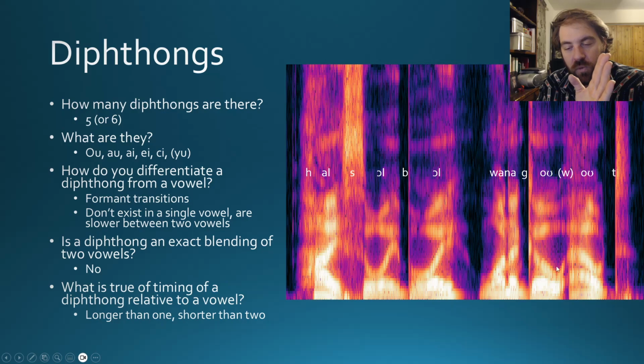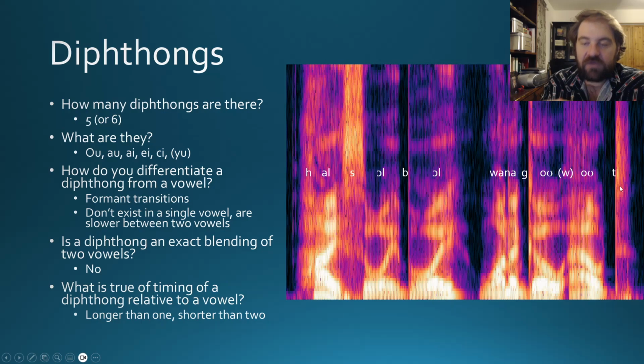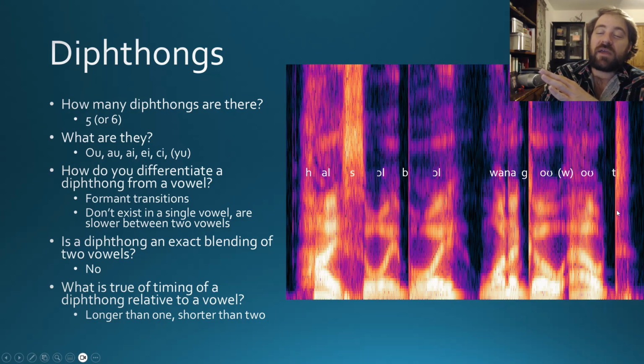So "go out." And then we start again. "Go, ow." We start back where we were up here. "Ow." And then everything falls to get to that lip rounding. And then here's a T, which has energy towards the top.